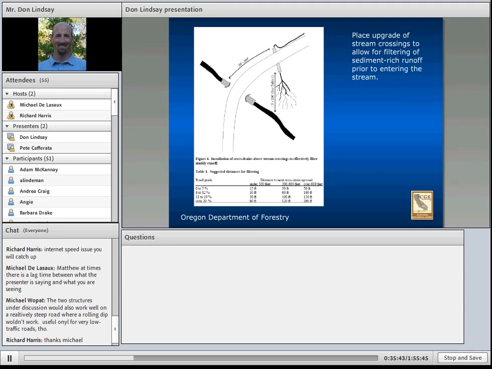So, let's see. With the next available cross-drain 600 feet up the road, the distance required for filtration is approximately 100 feet.